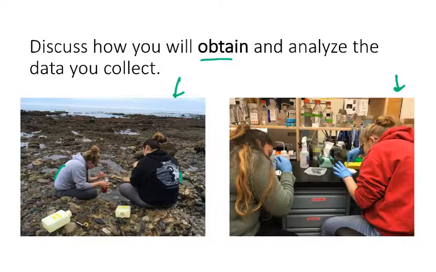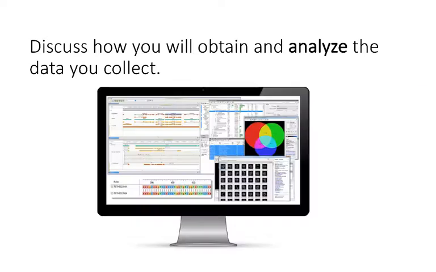So obtaining the data we collect can often be several different steps, from physically collecting animals in the field, getting some kind of sample, and then extracting the molecular material, either DNA or RNA or whatever we're proposing to study in this experiment. And then once you've obtained that data, you also are describing how you're going to analyze the data you collect. Often that will be something like using a certain program or an RStudio package to actually analyze that molecular data that you gathered.